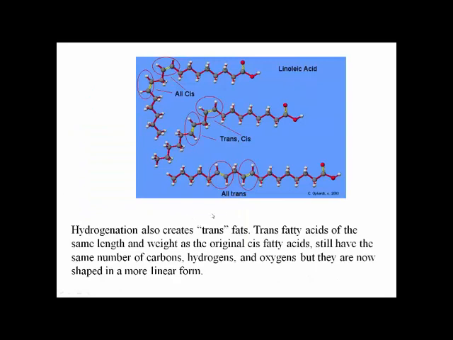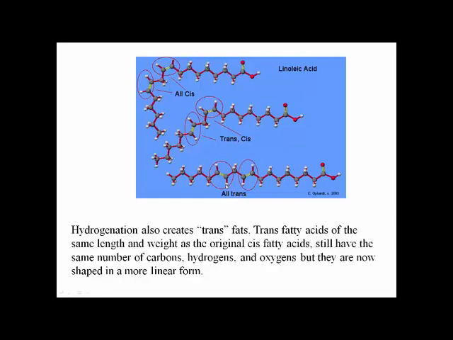And also, you remember when we looked at double bonds between carbons, we saw two hydrogens on one side of the plane, and then there was this empty spot representing the unsaturated region of these carbons. Hydrogenation can do something else besides just making hydrogenated fat. It can make trans fats, and trans fats have this weird orientation. Here are the cis fats. The trans have this weird orientation of the hydrogen.